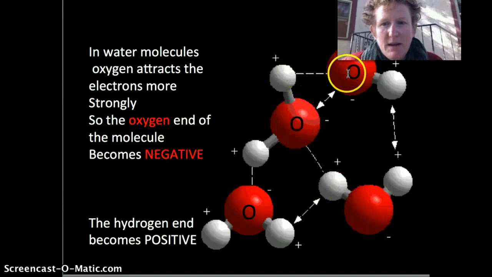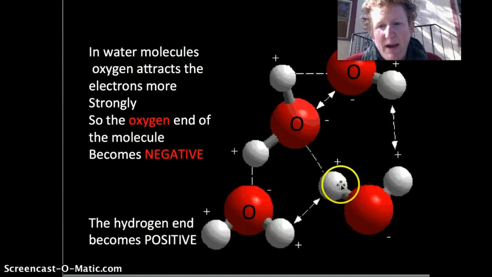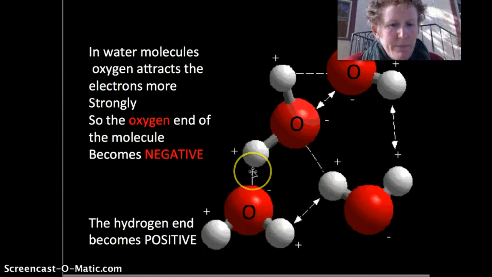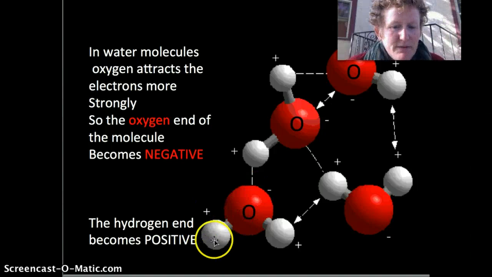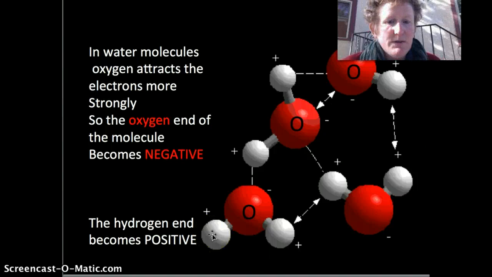The positive end gets attracted to the negative end, and the negative ends get attracted to the positive ends of other molecules, right here. The hydrogen is positive. These white things are hydrogens because they have fewer electrons, so they're a little bit more positive than the oxygen.